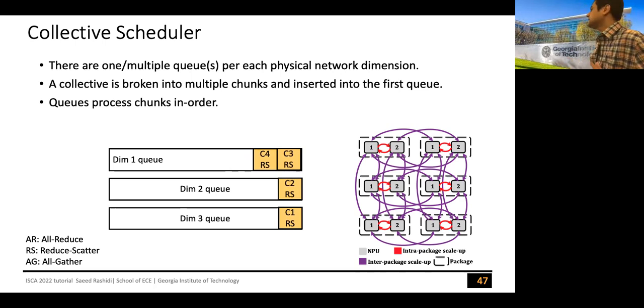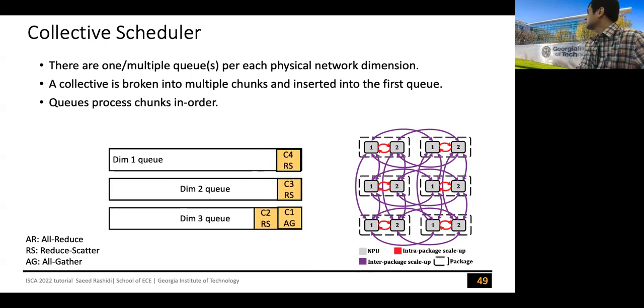On the other hand, you can specify that, okay, I don't want to do that. You just have the knob to say how many chunks you want to have. If you say one chunk, then you have only one chunk, and that chunk is operating on one network dimension. But you have this knob to divide it across multiple chunks, so that you utilize all of these network dimensions at the same time.